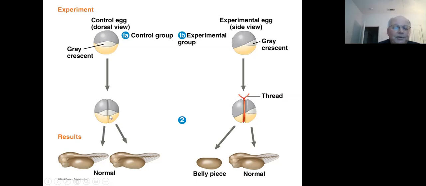And because of the nature of these two blastomeres, they contain all the necessary information to maintain the three body axes. These two cells would then develop into two normal frog embryos, tadpoles. And they would be identical to each other.